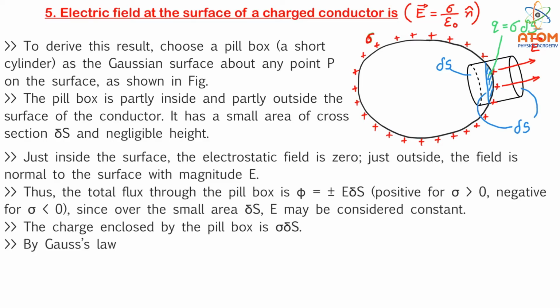Again, I am repeating, this is the surface which is having charge. We need the charge inside the Gaussian surface, so it is the charge on this portion of the surface, and that can be written as Q is equal to sigma into area, and area is delta S, so sigma into delta S.